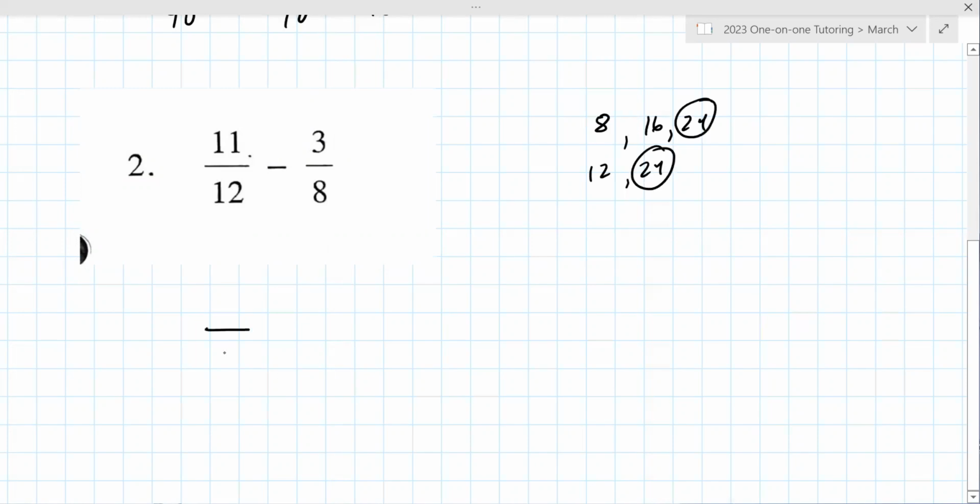So we're going to make both of these fractions of 24. On the top here it's 22 minus 9, which is 13 over 24.